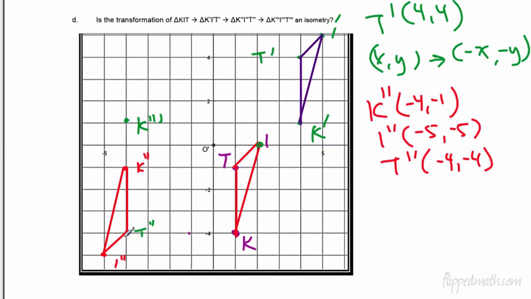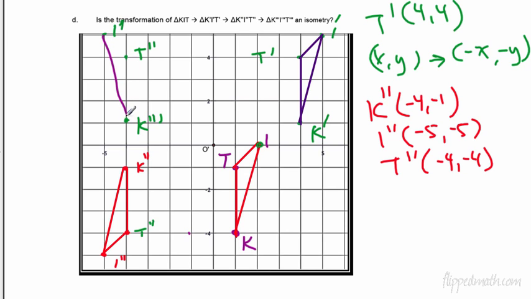So T double prime, 1, 2, 3, 4. 1, 2, 3, 4. T double prime, and I double prime. 1, 2, 3, 4, 5. 1, 2, 3, 4, 5. That's going to come up here. So our triangle looks like this.